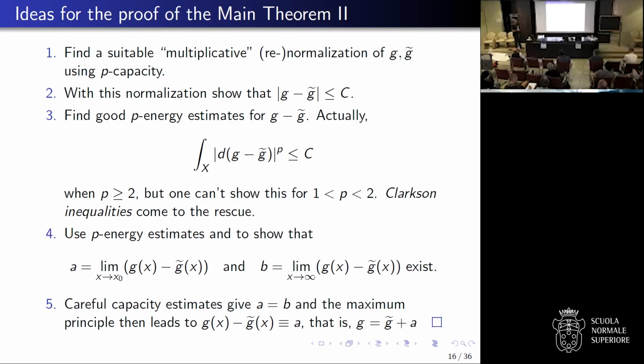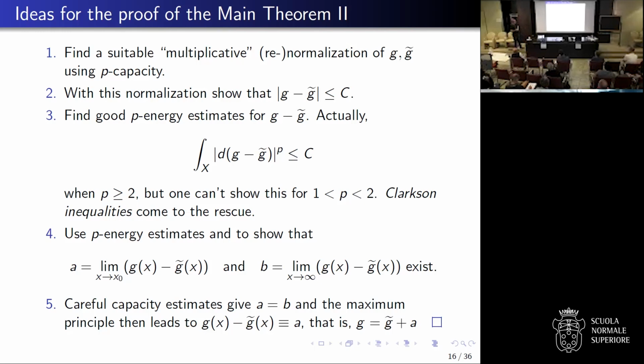So then you at least get that the function value difference is uniformly bounded. But essentially, what you want is that the function value difference is a constant, right? So where does this come from? For this, you somehow have to control the oscillation of this function value difference, and oscillations are controlled by energy. So you need good P energy bounds.